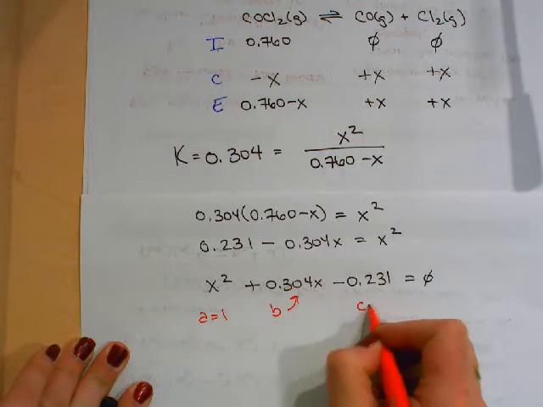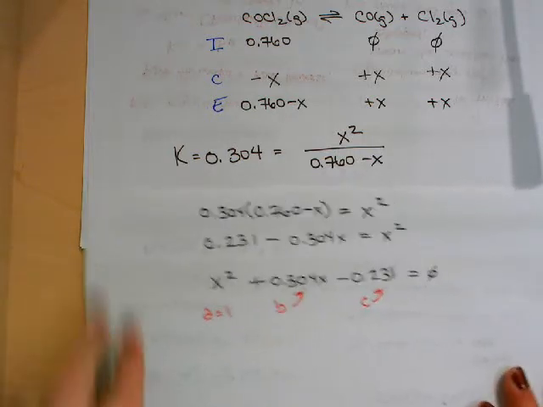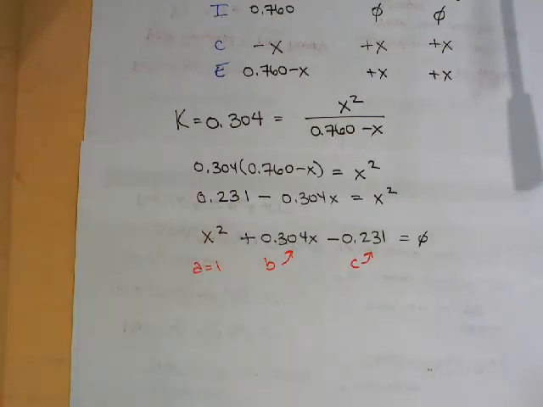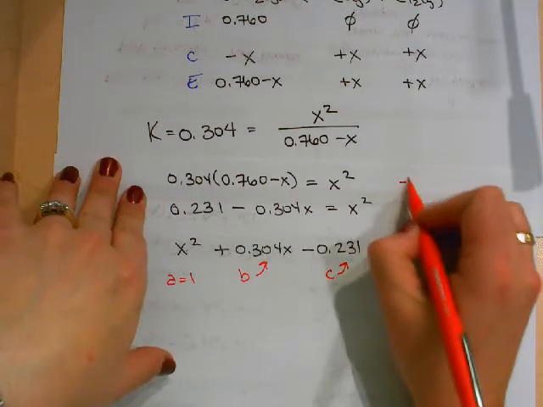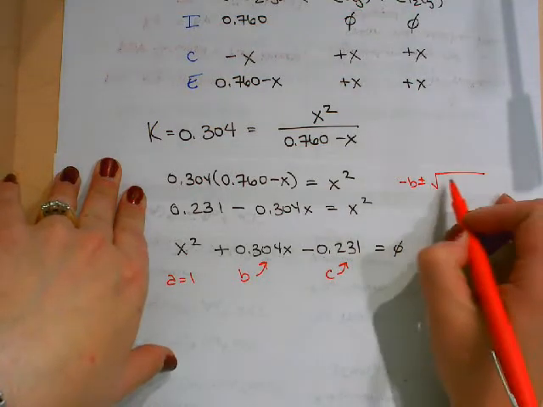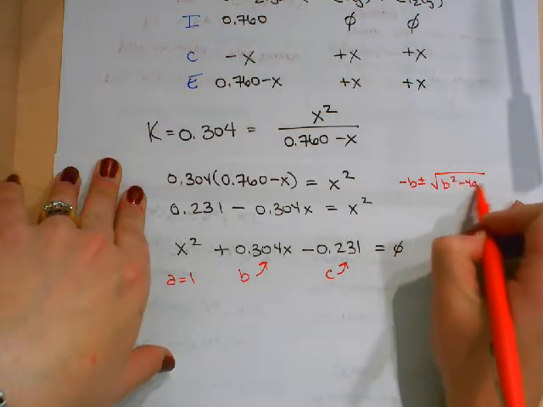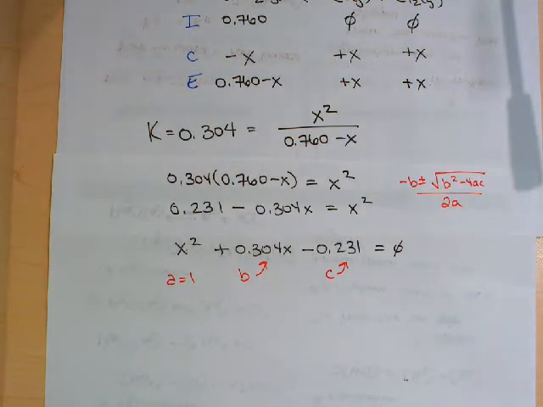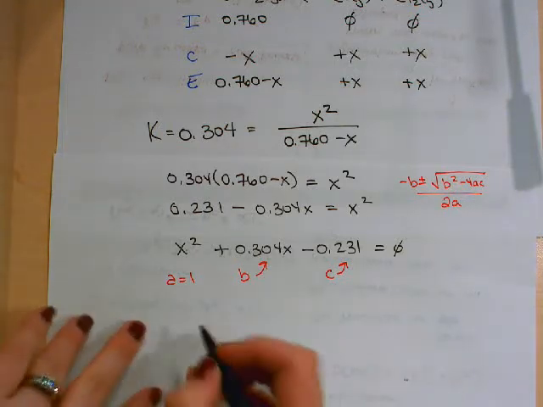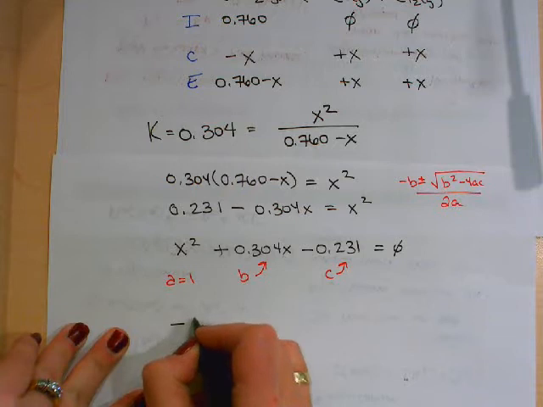Alright, so now I have A and B and C. Just in case you've forgotten since the other day, right? Alright, that's our quadratic formula. We would plug that in, negative.